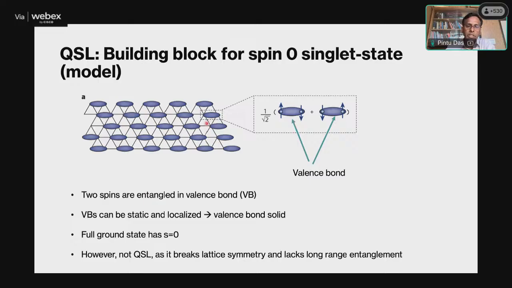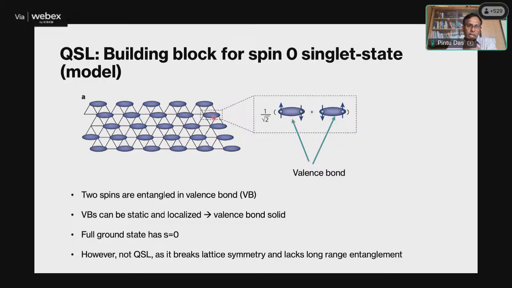So one spin here and spin here, or spin here and here, in a certain pattern, they are entangled, and because these are antiferromagnetically coupled, this is spin 0, these are kind of singlet states.